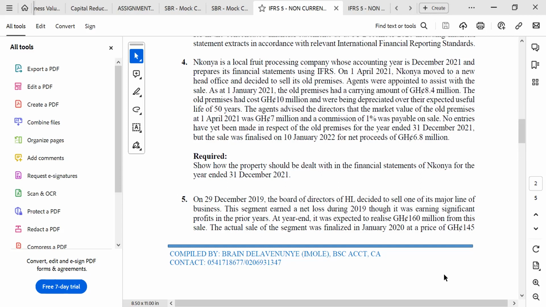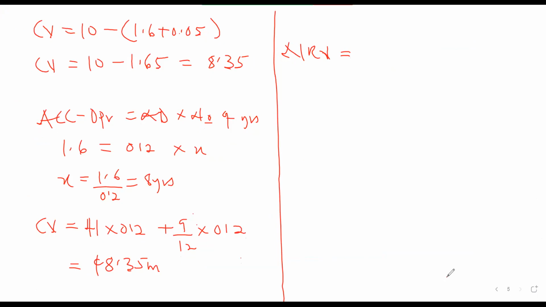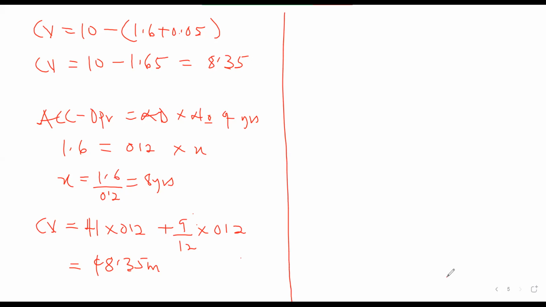So you can calculate the net realizable value as 99% of the amount. The net realizable value can be calculated in so many ways.